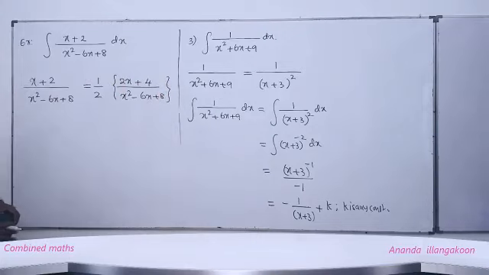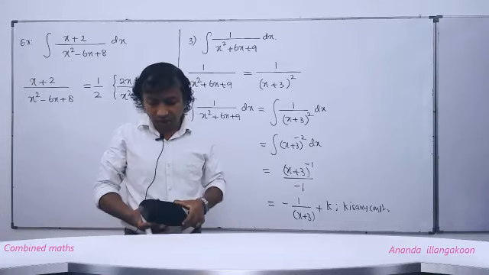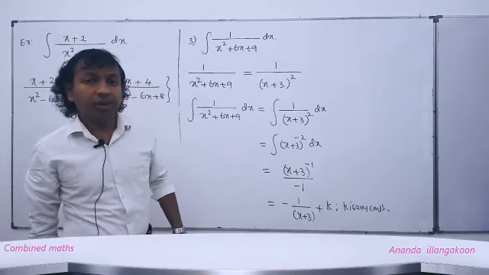Up to here, I think you can very clearly understand. I multiplied this numerator by 2 in order to bring 2x here, because when you differentiate x squared, we get 2x. To bring that 2x, I multiplied by 2, and meantime I divide by 2. We can't only multiply by 2, because then our given integrand will change, and we would not be working out the question given to us.